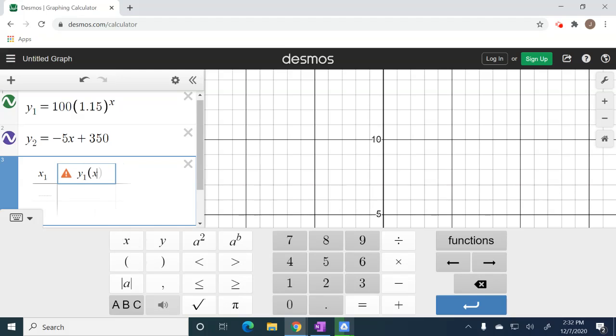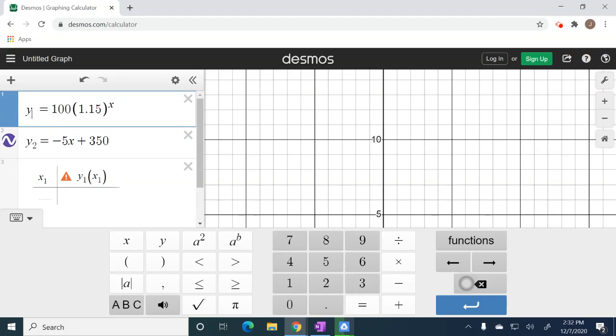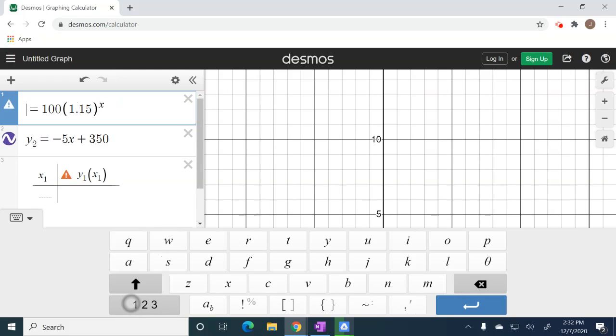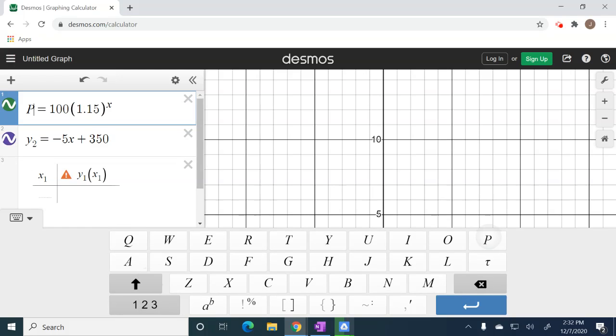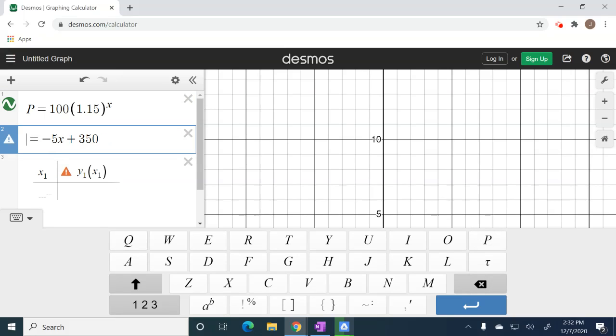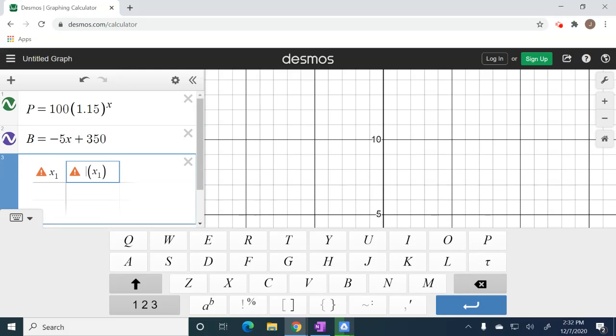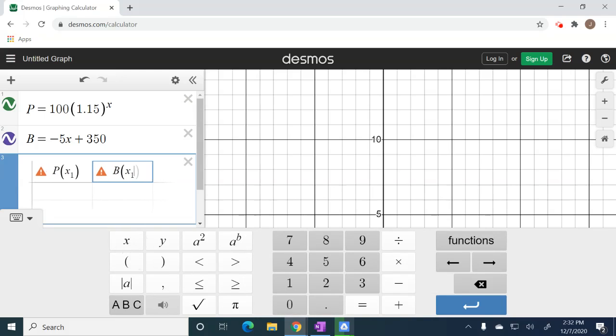Sorry, I'm not going to use y1 actually. I'm going to change that to p. That was Pedro. And then this was his friend Bobby. Sorry, I'm using a different calculator than you, I know. I'm going to use p and b of x1.